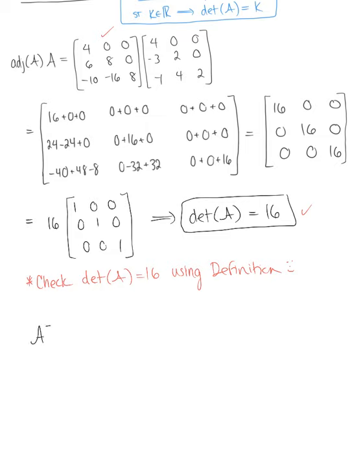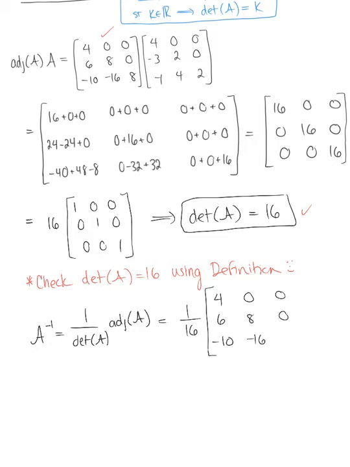We know that A inverse is 1 by the determinant of A multiplied by the adjugate of matrix A, that is, the transpose of the matrix of cofactors. So I have 1 by 16 multiplied by the matrix 4, 6, negative 10, 0, 8, negative 16, 0, 0, 8.